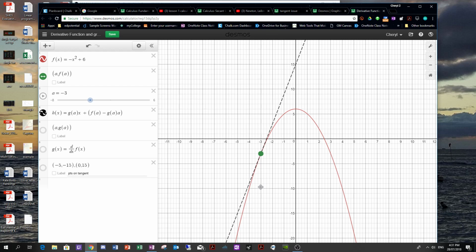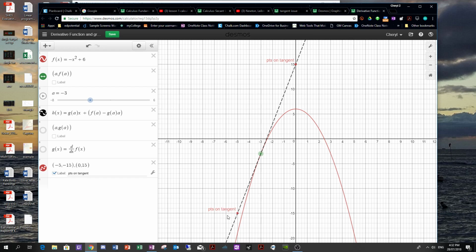Now, how does this all relate to gradients and gradient functions when we sketch those? Let's put this on x is negative 3. Now, we want to know what the gradient is for this tangent. We can go to the calculator and get the gradient, or we can do it by hand, which is very cumbersome, but still, we can do it.